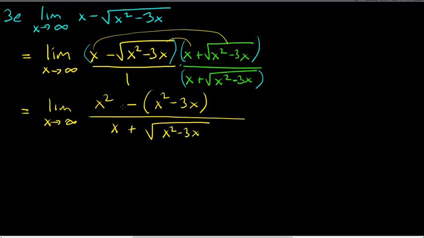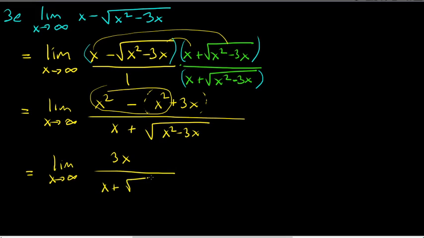So notice what happens in the numerator when you get rid of the parentheses: you change the negative 3x to a positive 3x, and x squared minus x squared is then 0. Then you just get 3x divided by x plus the square root of x squared minus 3x.